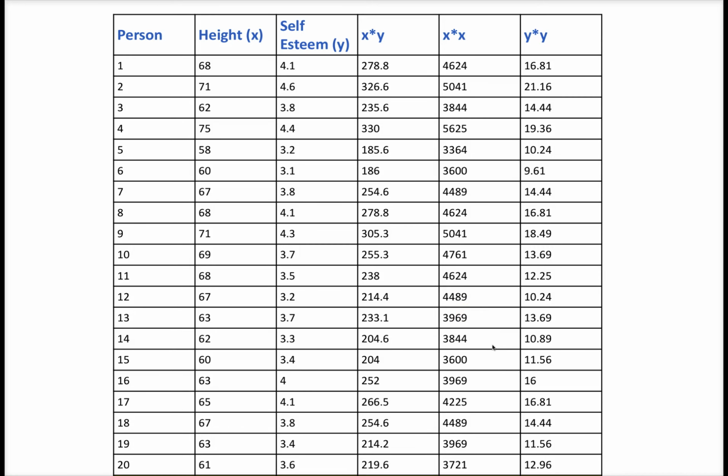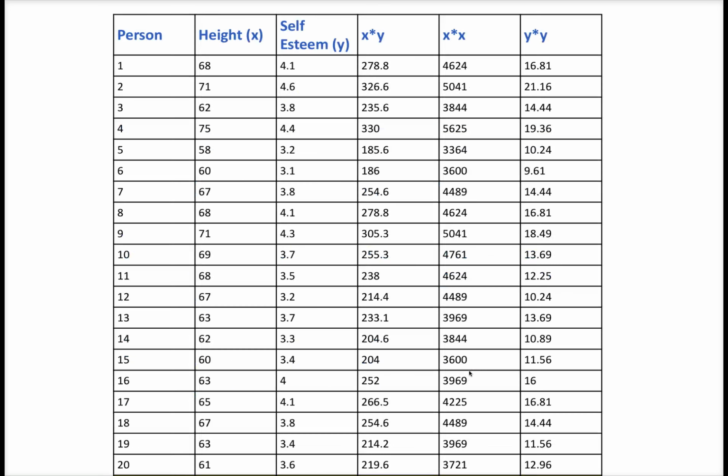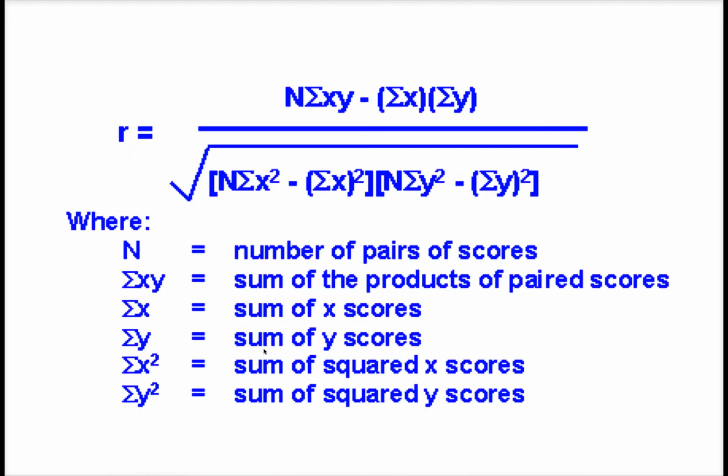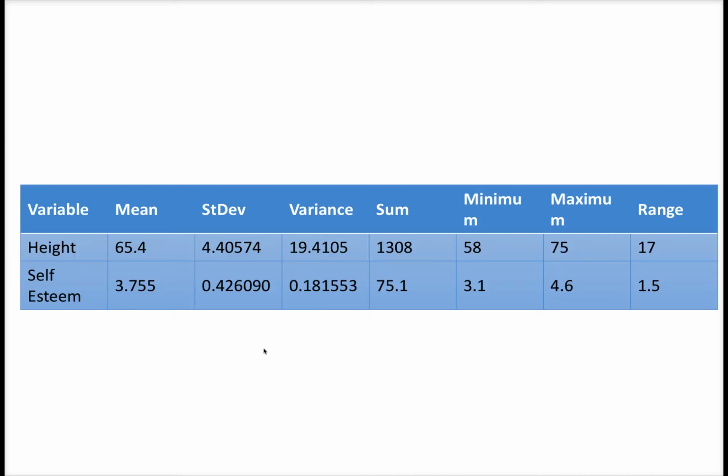Here are the calculations, and the 20 people are listed. We have their height, x values, their self-esteem, y values, and we have their products in multiplication. We get the values, and at the bottom of this display, which you can't see, which is below the video, is the actual summary data that is listed up here.